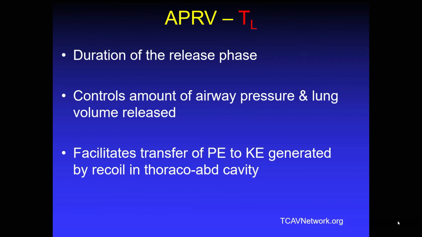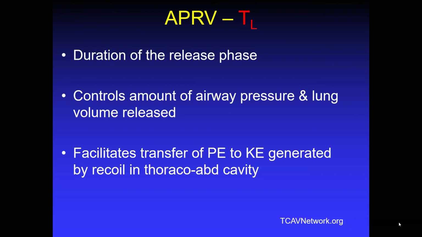Okay, we're in the home stretch, looking now at the final parameter, T low. T low is, however, in some ways the most important and simultaneously the most difficult of the parameters to set correctly. T low, of course, is the duration of the release phase, which controls the amount of airway pressure and lung volume released.